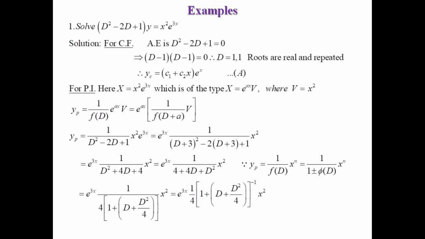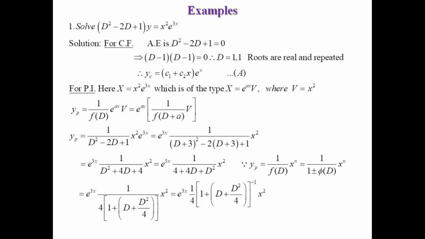First simplify the denominator term, keeping e^(3x) as it is; this e^(3x) is done now. Now we solve the denominator after squaring (D + 3), using the (a + b)^2 formula.